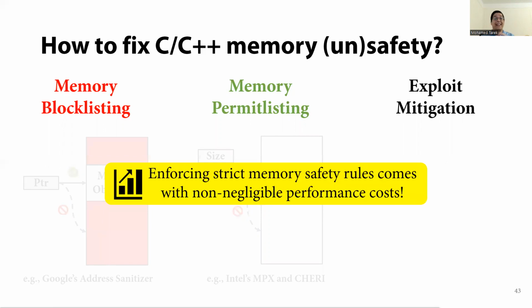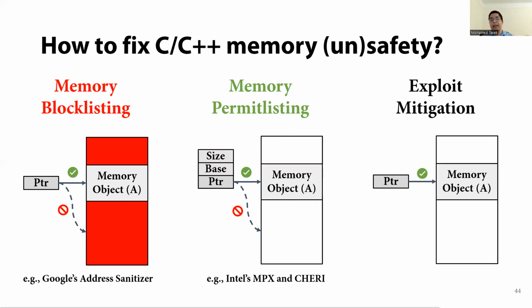As enforcing strict memory safety rules comes with non-negligible performance cost, hardware vendors have heavily invested in exploit mitigation techniques. Those techniques do not prevent memory safety violations. As you can see on the slide, the attacker can still use an out-of-bounds pointer to corrupt other objects. However, the attacker cannot abuse such memory corruption to do further harm, such as hijacking the control flow of the program.